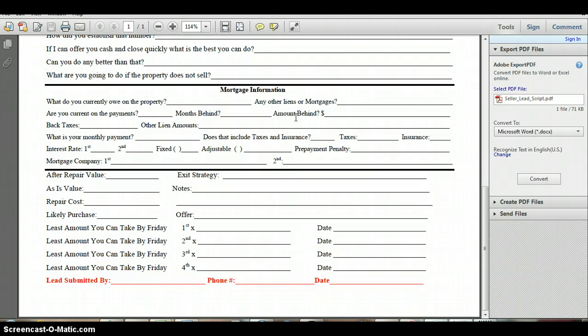Sometimes the property has not one but two mortgages that will need to be paid off. And sometimes there may even be a HELOC, home equity line of credit, or something of that sort attached to the property that will need to be paid down. And then if you notice, it says any other liens.